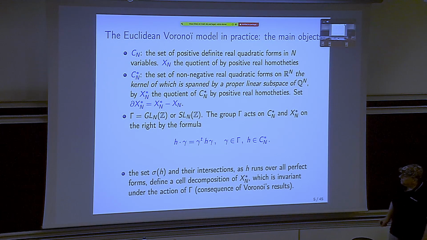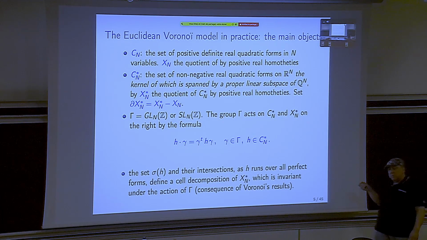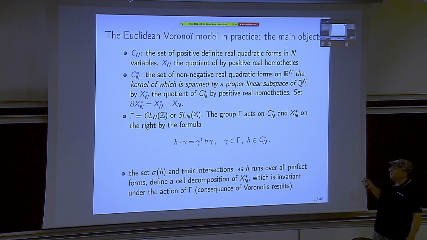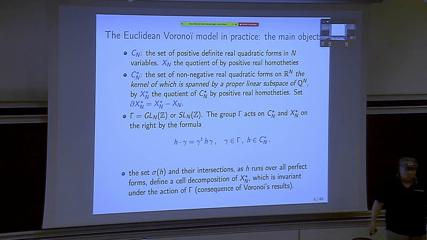Yeah. So you're right to ask the question, because it turns out that we have several dimensions. You have the topological dimension, and you also have the geometric dimension that you use when you compute the rank. And there is a shift by one between the two.